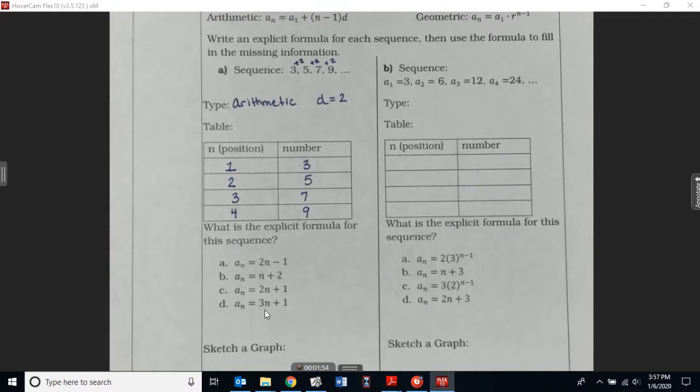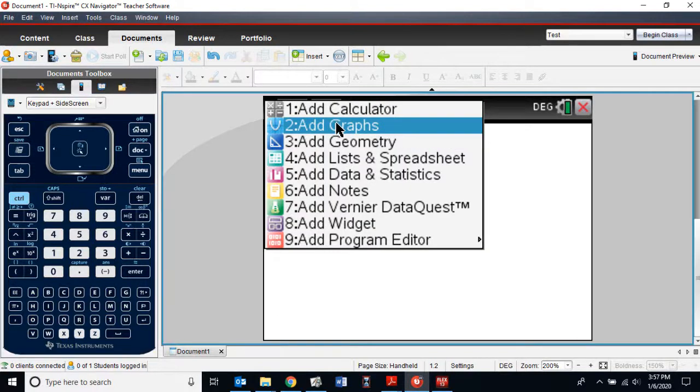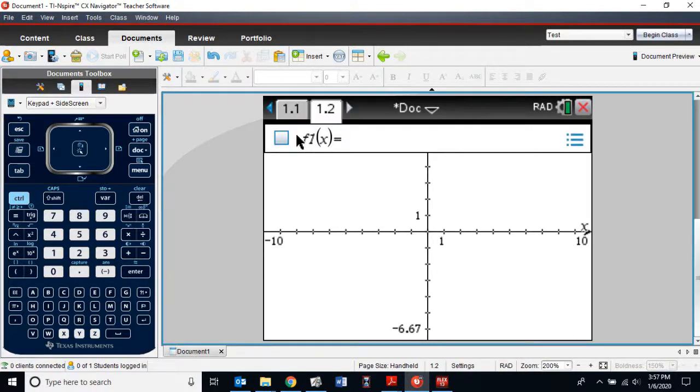So I'm going to go to my calculator and I need to go to a graph page. And where it says f of x, that's like your a sub n. So I'm just going to type letter A, which says 2x minus 1. You have to use x instead of n.